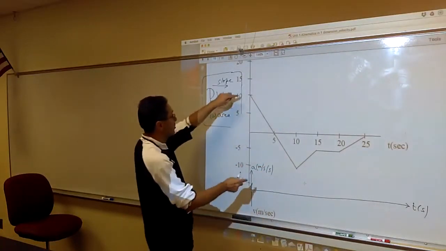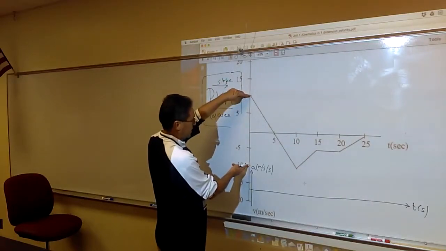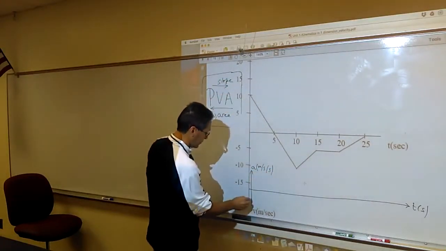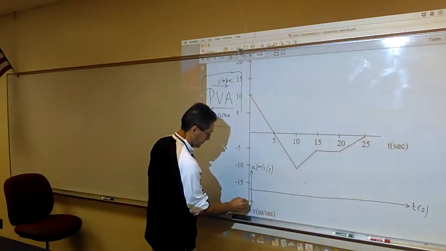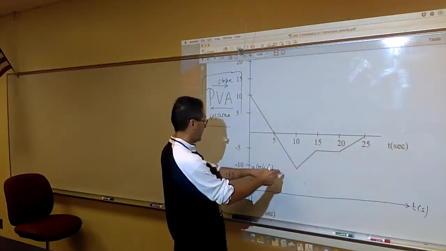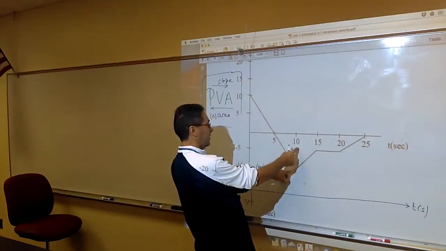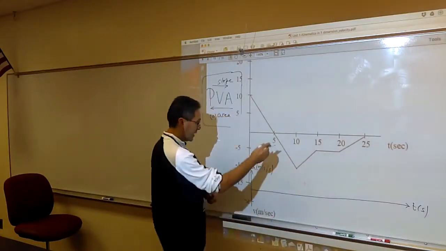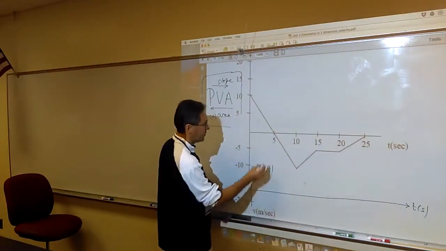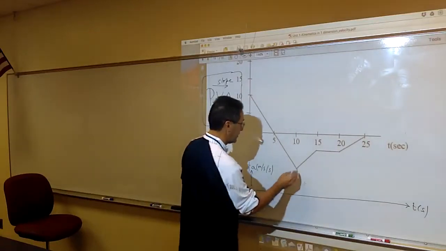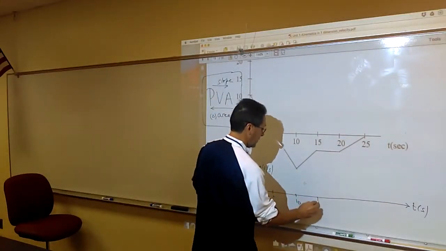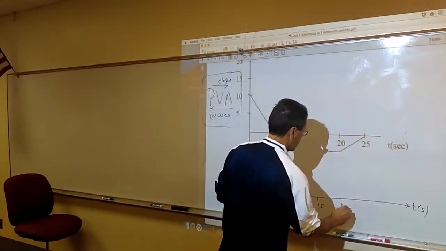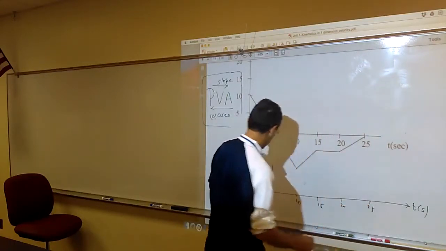Now the slope here is a drop of 20 over 10 seconds, so that's negative 2. In here, it's a rise of 5 over 5 seconds, it looks like, right? So that's a positive 1. Or maybe I should label the times: 5, 10, 15, 20, and 25.